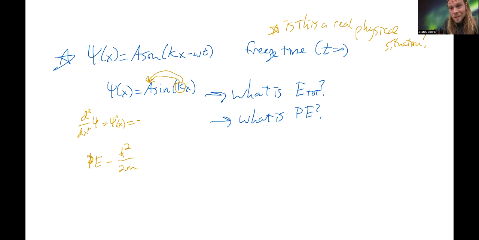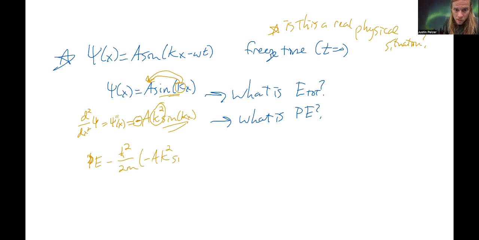The slope of sine is cosine. The second, the curvature, therefore, is negative sine. So you get negative a k squared sine of kx. So notice how it's the same thing, but with a negative sign and a k squared. That's a big deal. So we have h bar squared over 2m times negative a k squared sine of kx.